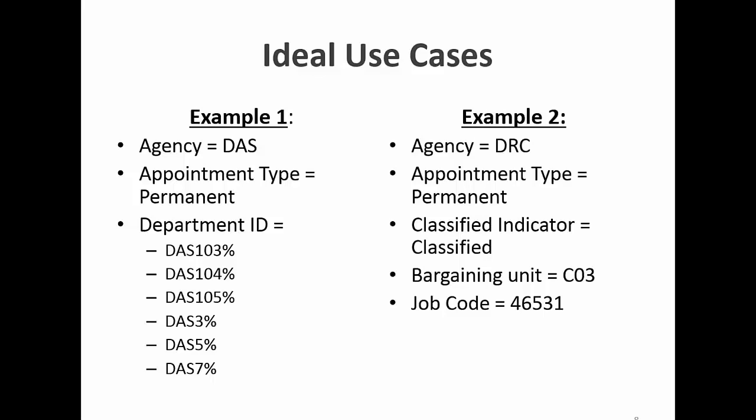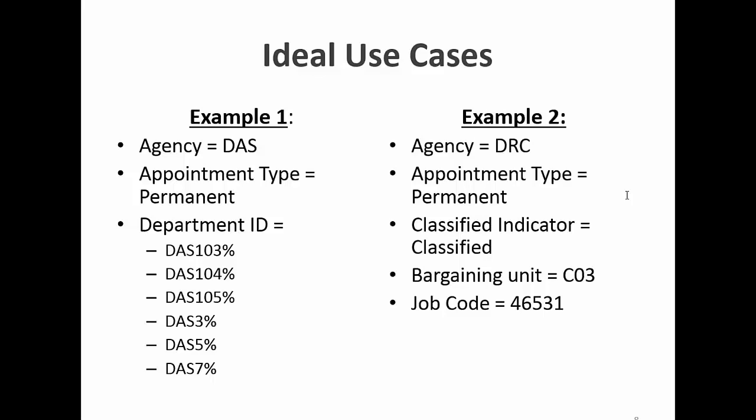The 7th department ID has a little bit of a different setup, so we've excluded that from this particular example. With the DAS example in mind, DAS has roughly 800 employees at last count, and this particular setup would mass create about 730 documents so that supervisors can then just go in and start populating their goals.